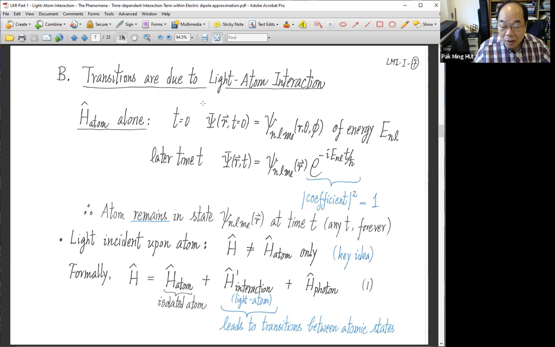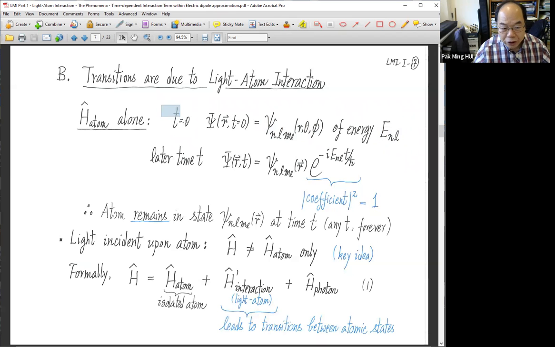For example, hydrogen, we know that it is ψ_nlm_l(r, θ, φ), separation of variables, very happy, okay? And then usually for central force atoms, the energy depends on n and l. For hydrogen, it only depends on n.